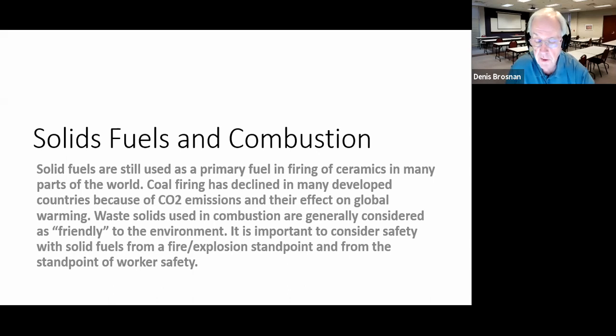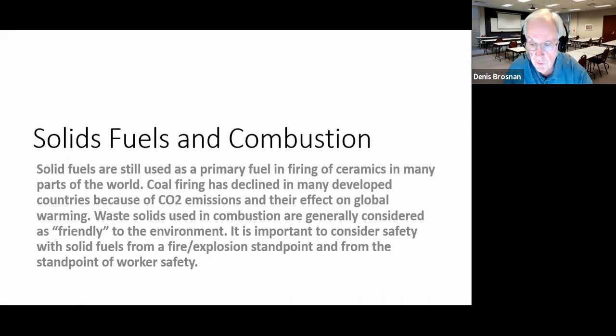Coal firing has declined in many parts of the world due to carbon dioxide emissions and its effect on global warming. It's been replaced in some cases by waste fuels, which are considered environmentally friendly in that we eliminate a waste product and don't put it into the environment as a solid waste.